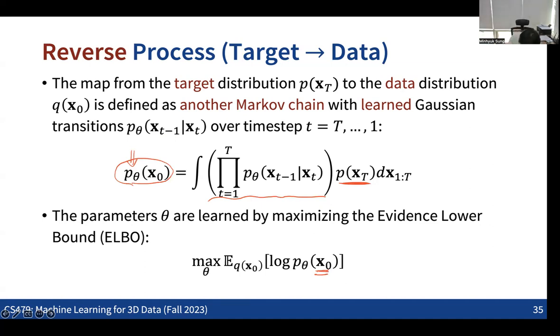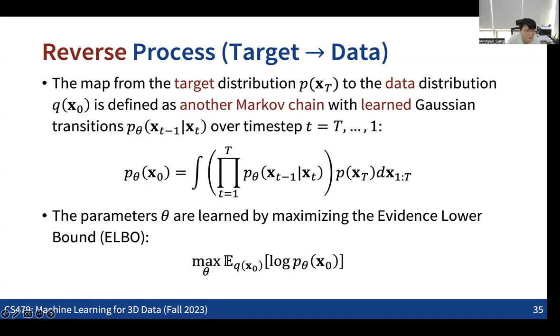We check whether the probability values for each sample are high. So we optimize in a way that maximizes the log probability of the samples under the density function that we are learning, as a composition of the target distribution and multiple reverse transitions. That's the basic idea.